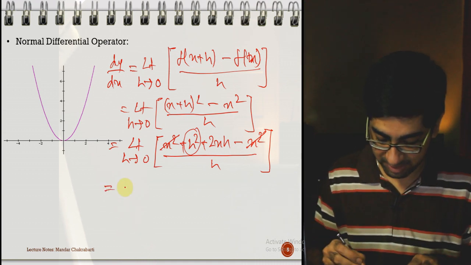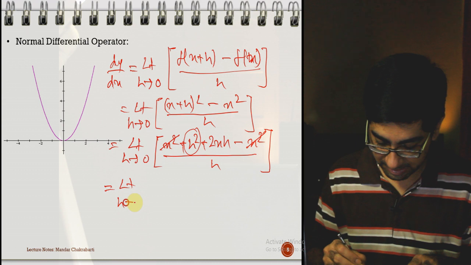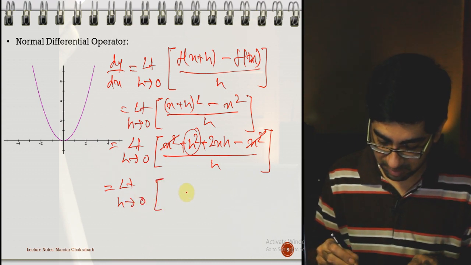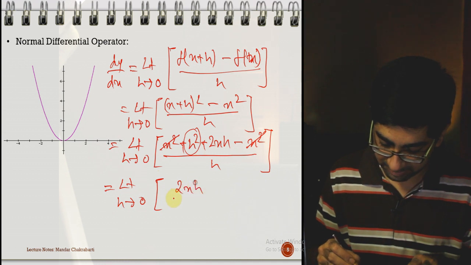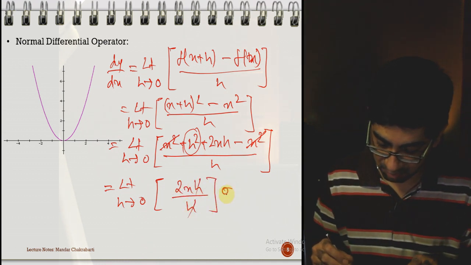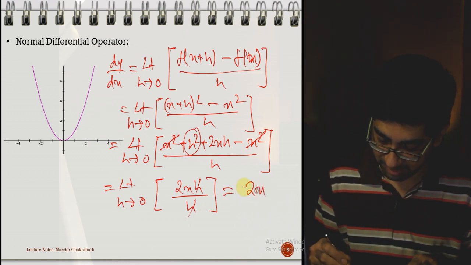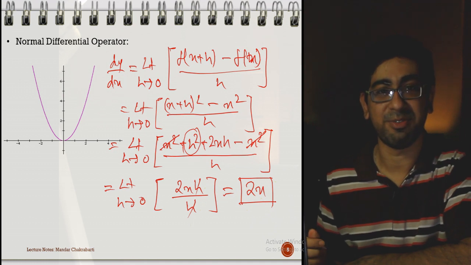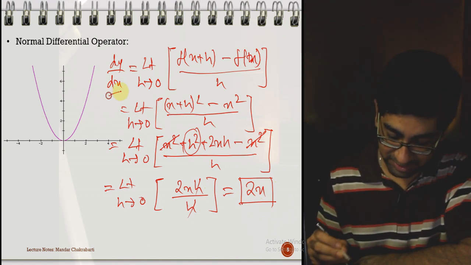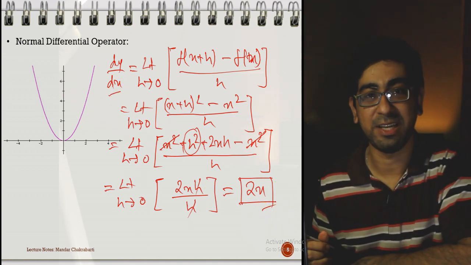Finally, what I land up with is limit h tends to 0, twice xh by h. Surprise, surprise, this cancels out and I am left with twice x. Doesn't this seem familiar? So, dy dx is equals to twice x.